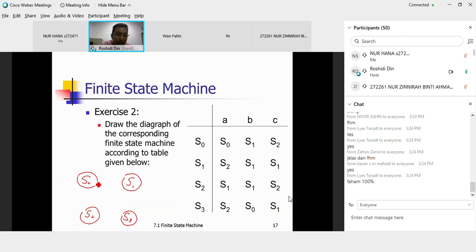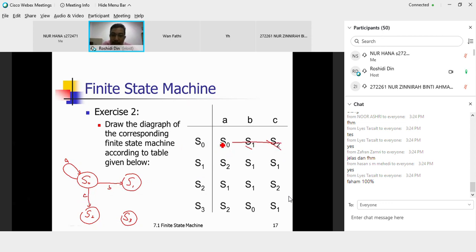How many inputs? So I draw S0, S1, S2, S3. Now S0 map to S0, A. S0 map to S1, B. S0 map to S2. The answer is C.